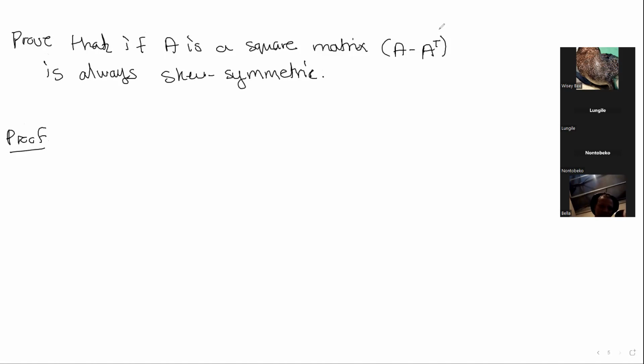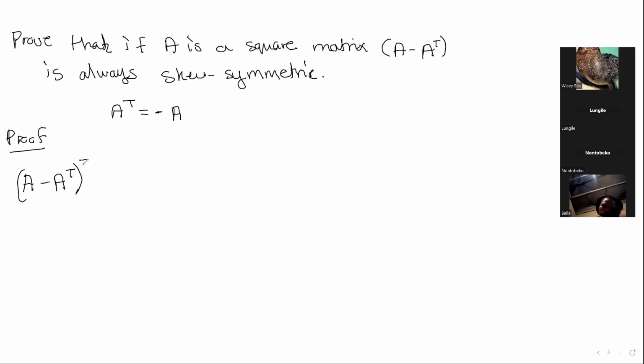We want to show that this is skew symmetric, right? So we need this rule: if whatever matrix we're given, and we transpose it, and we get the negative of whatever that matrix is, then that matrix is skew symmetric. In this case, the matrix we've been given is the whole of this thing. Just pretend it's one matrix.